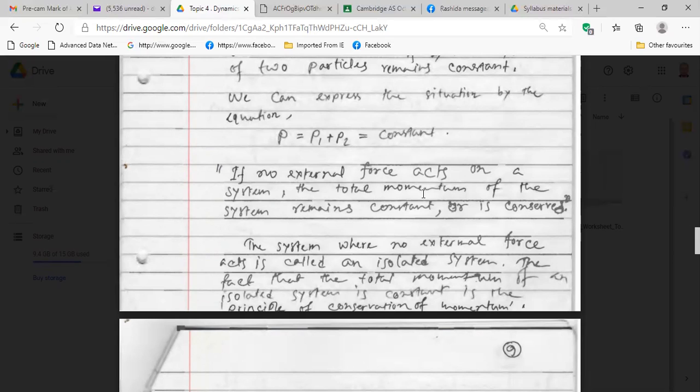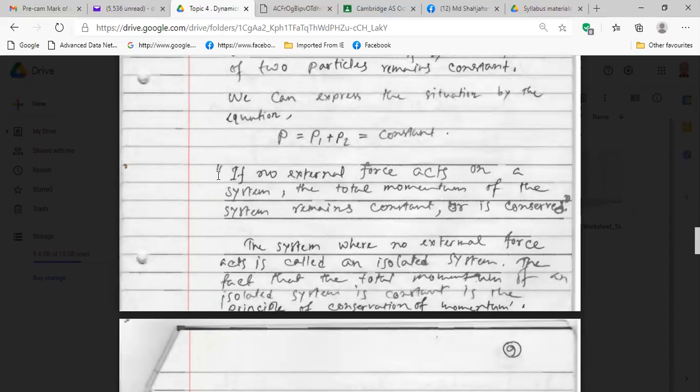Mentioning the part 'if no external force acts on the object' or 'isolated system' gets 1 mark, and 'total momentum of the system remains constant' is another mark. So you should focus there on how to learn it.